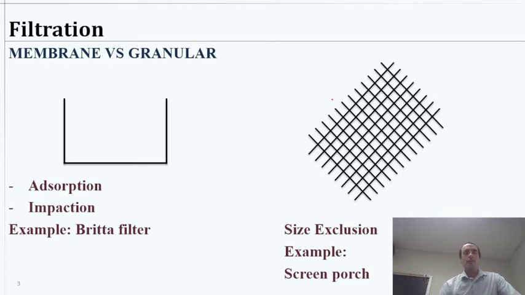So that's the principle of a size exclusion, right? So membranes typically operate in size exclusion, where if we have some particle and it's trying to go through, we've got water going through and out, that particle then gets stuck and is excluded by size on the surface there, right?